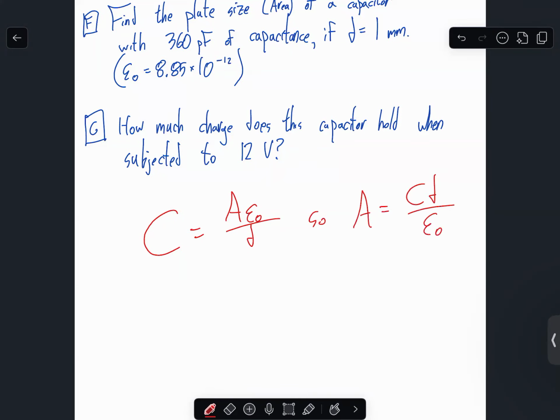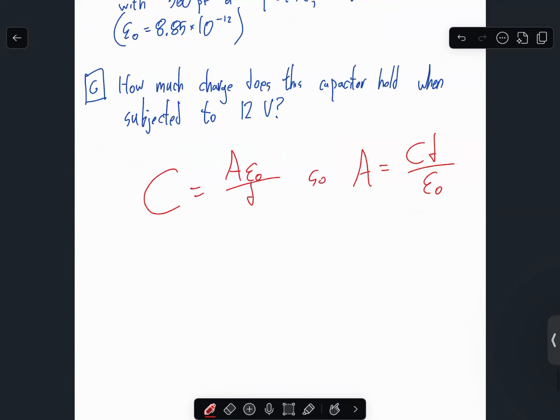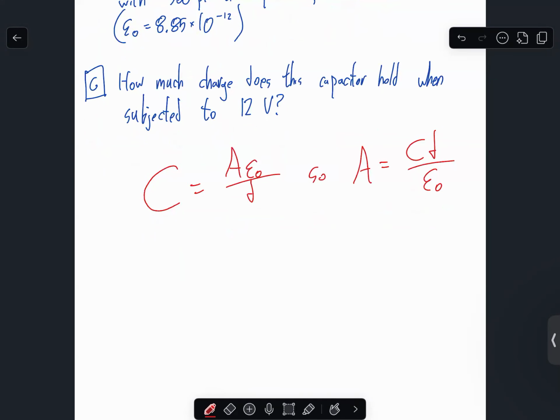Oh, look, they're all like the beginning of the alphabet. How did I never notice that in 20 something years of doing physics? A, C, D, epsilon. Where's B?